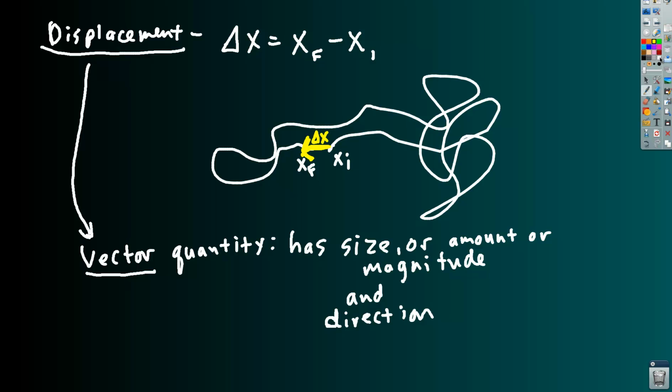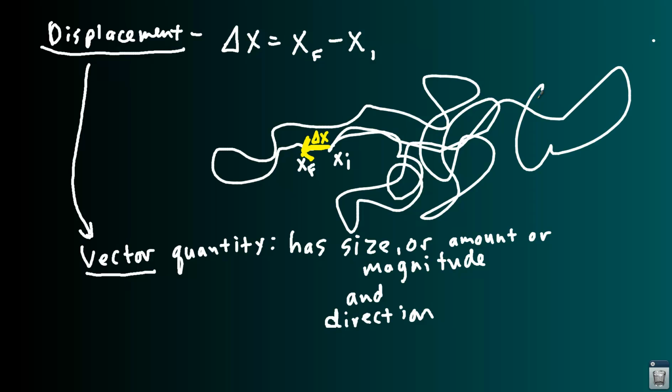So size-wise, this is, I don't know, 2 centimeters according to my screen roughly, and the direction is to the left. But what if we took a path like this instead? Starting here, and we went right here.